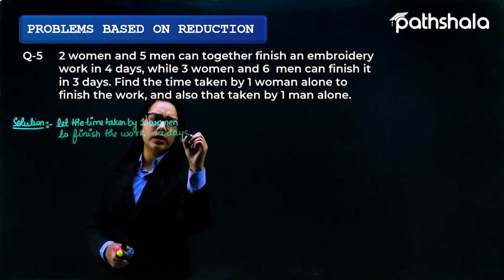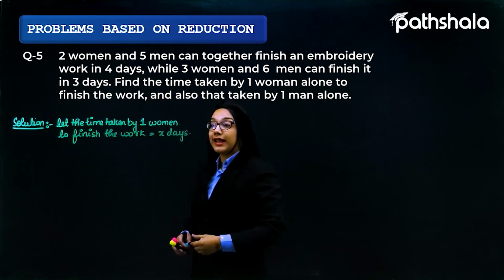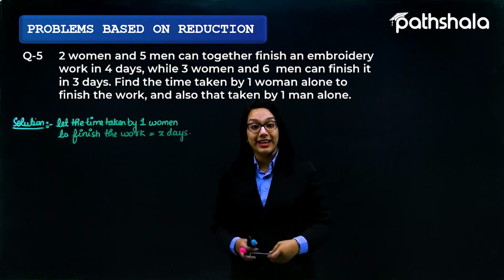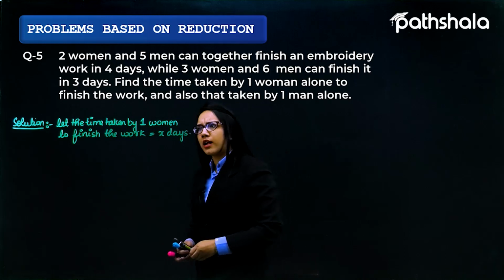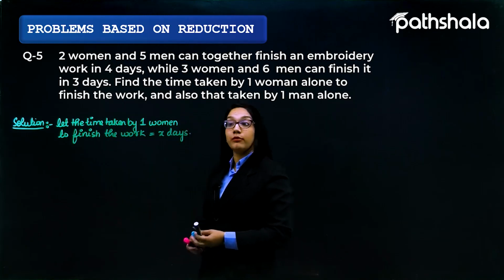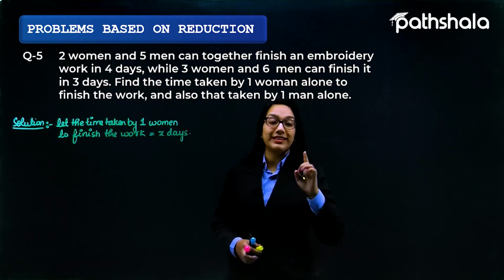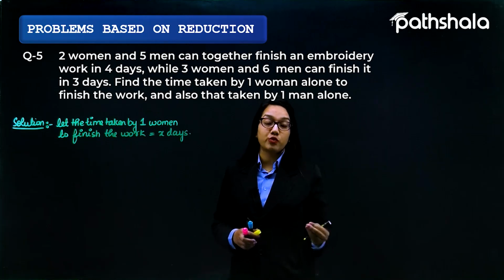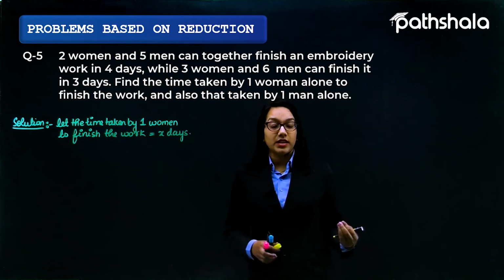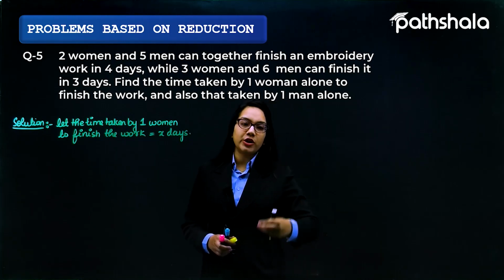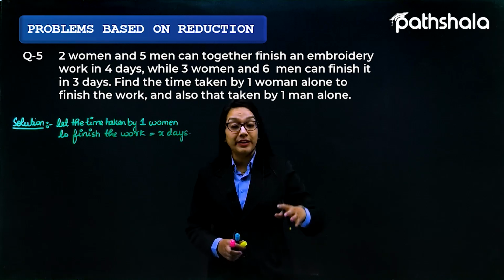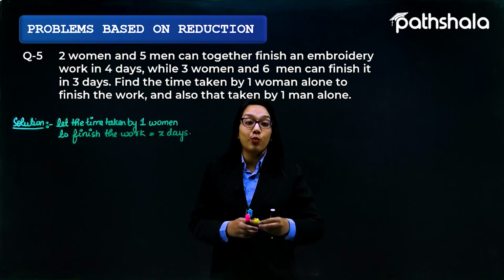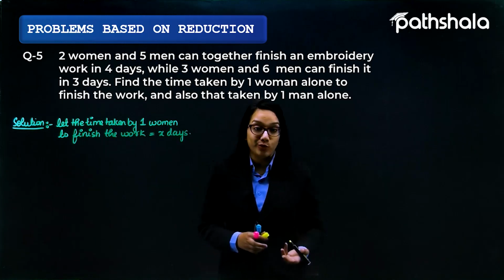Let us suppose we have taken the time taken by 1 woman to finish the work as x days. If we are talking about a work which is finished by a person in 2 days, then the work done by the man or the woman in 1 day should be of the form 1 by 2, definitely.